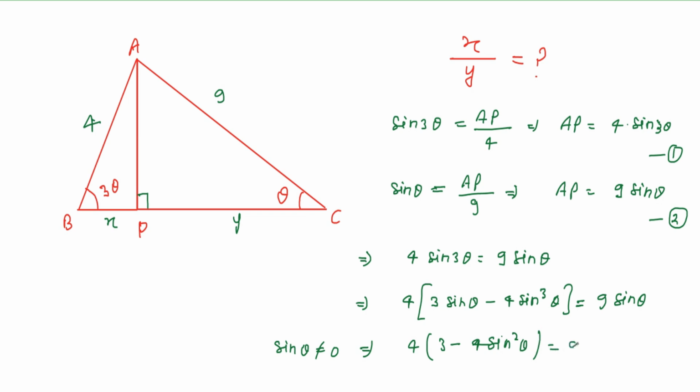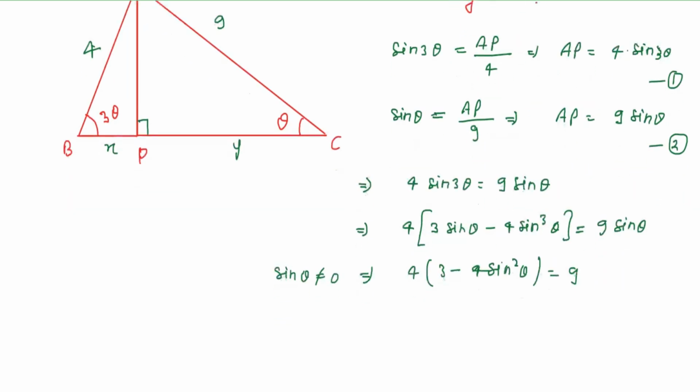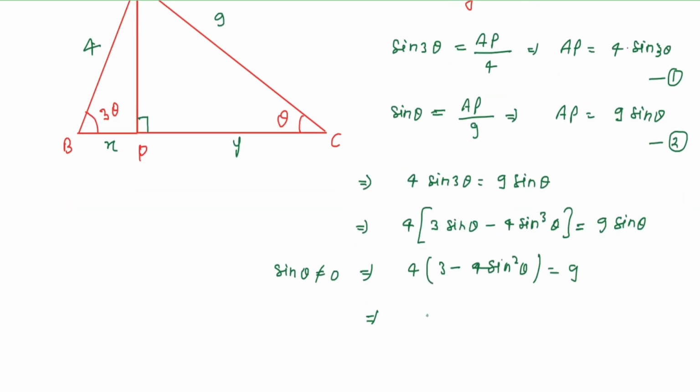is equal to 9. So from here we can write 3 minus 4 sine square theta is equal to 9 divided by 4. So from here we can write 4 sine square theta is equal to 3 minus 9 divided by 4.